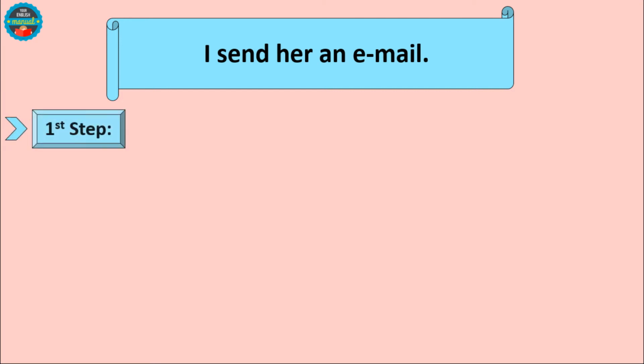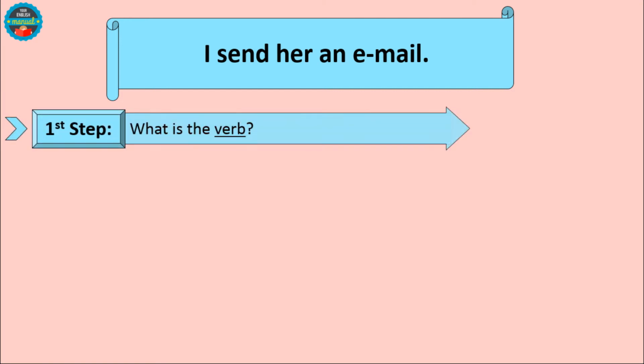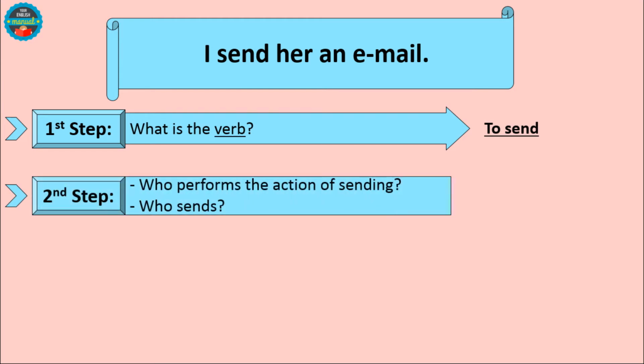Let's analyze the sentence I sent her an email. First step, what is the verb? To send. Second step, who performs the action of sending, or who sends? Answer, I. So, I is the subject of the verb to send in this sentence.